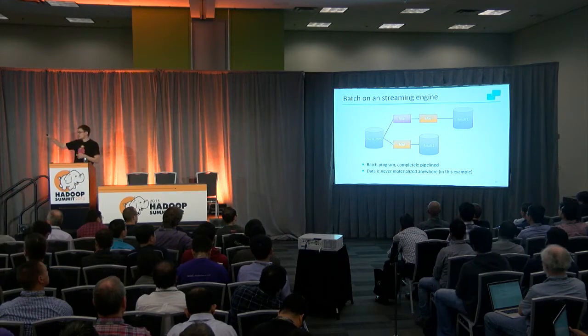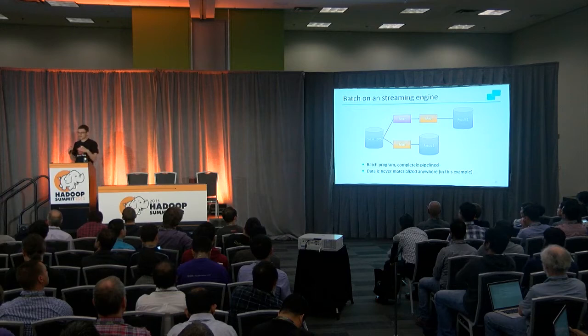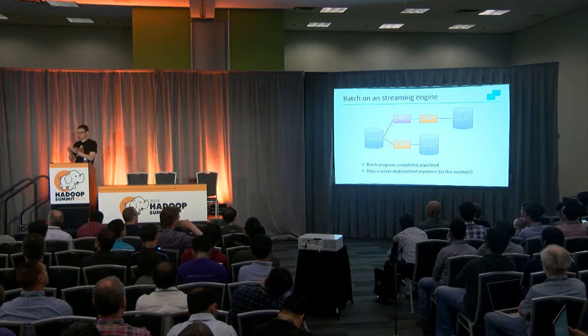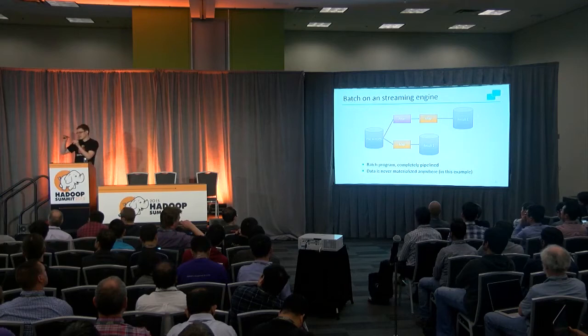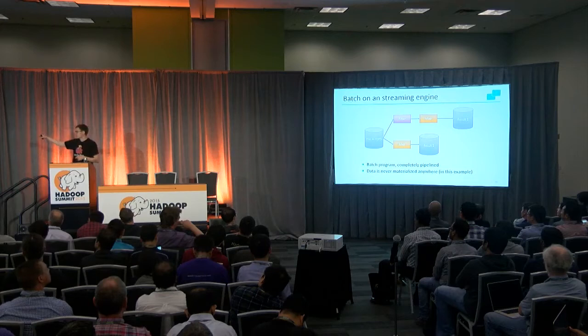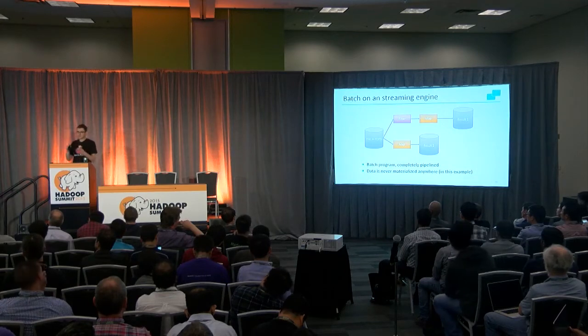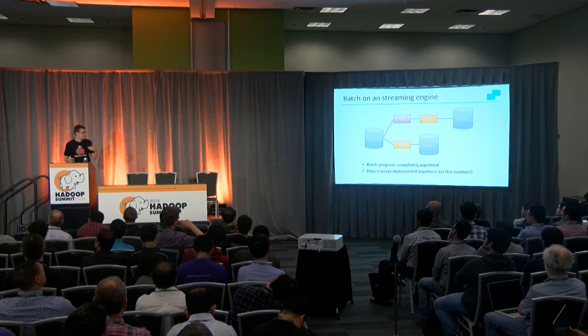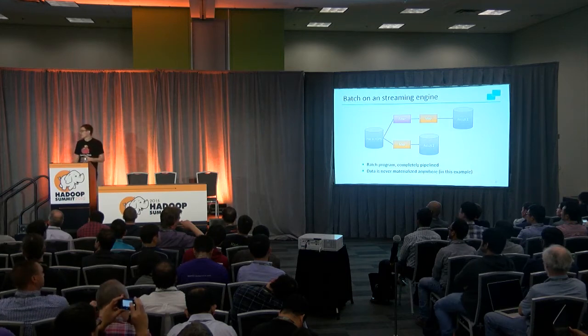So we read the file from HDFS, and this reader, this data source, is sending the elements from that file to the filter and the map operation. And the filter then is sending it to the map. So the data is never materialized anywhere. It's always flowing, and causes a very, very good resource utilization.